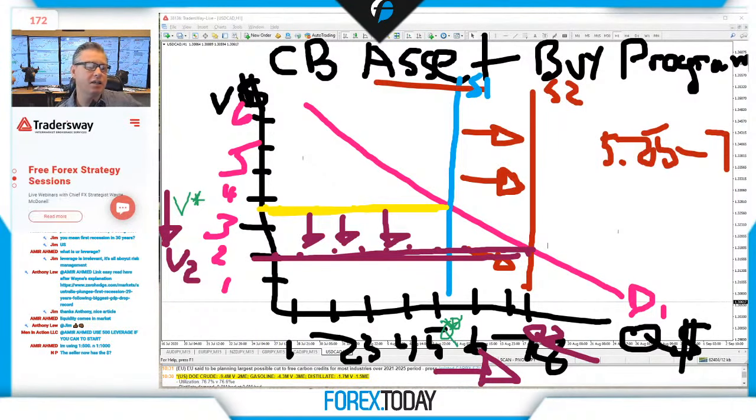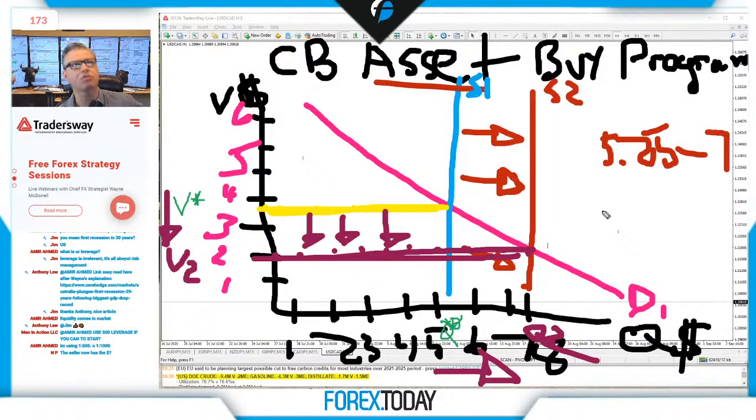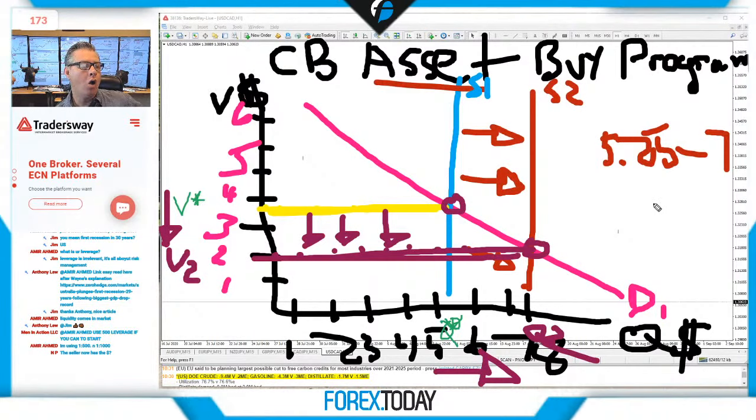Why does the Bank of Japan have like 300% of GDP on their balance sheet? Why do they do this? Because their intent is to go from equilibrium 1 to equilibrium 2, lower the value of their currency, and give them a competitive advantage globally as an exporting economy. Wow. So that's really cool.